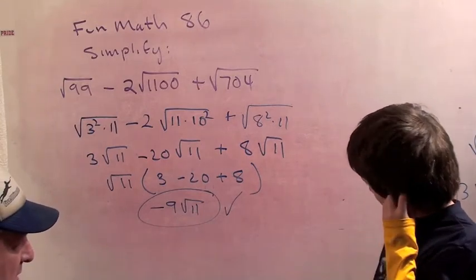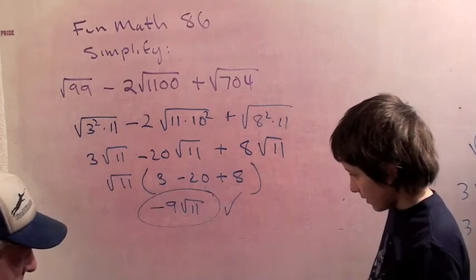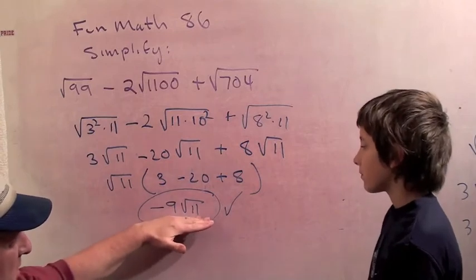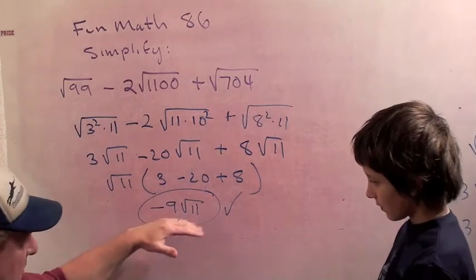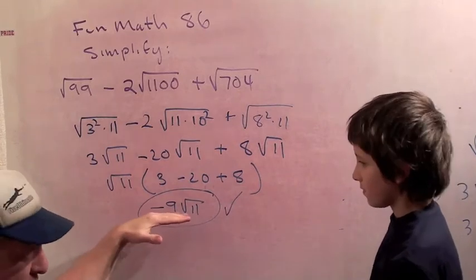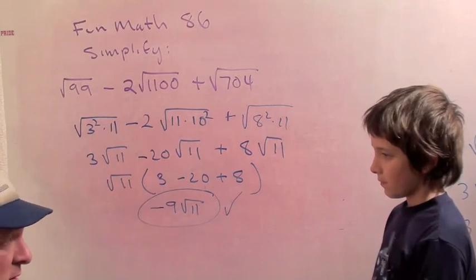Because the square root of 11 is a little bit bigger than the square root of 9, so a little bit bigger than 3. So this is minus 9 times something that's bigger than 3. So it's a little bit more negative than minus 27. So our estimate of minus 30 is probably pretty close.